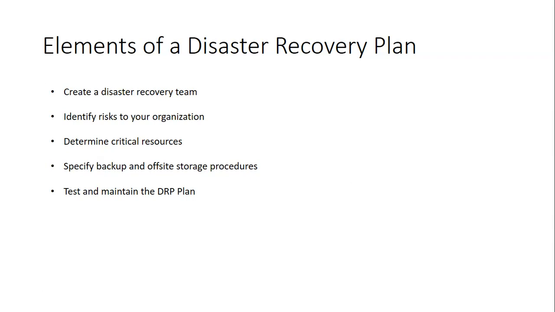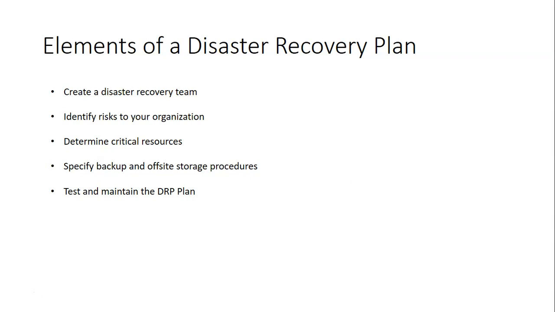After doing that, you find out how you can prevent these risks from occurring. And after that, you assign a risk value to them so that you prioritize the restoration. So you determine critical resources, specify your backup and offsite storage procedures, and ensure you test and maintain the DRP plan.